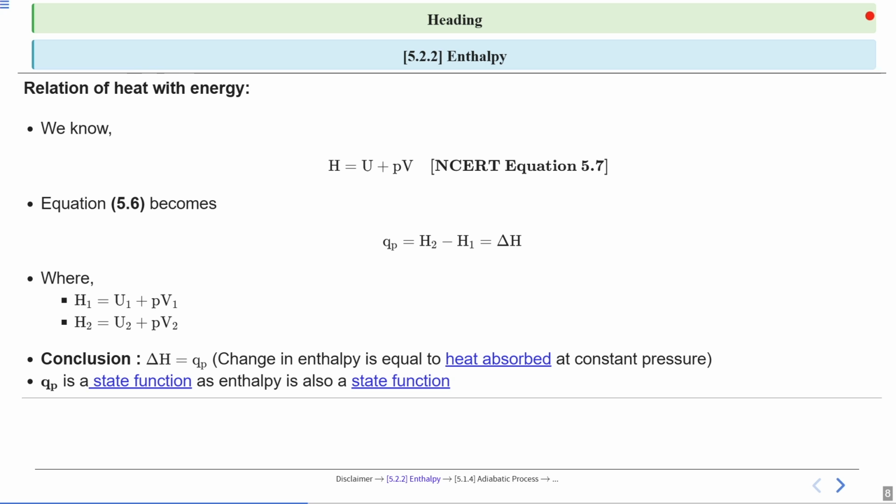Since enthalpy is a state function, the heat change at constant pressure, QP, will also be a state function because delta H is equal to QP.